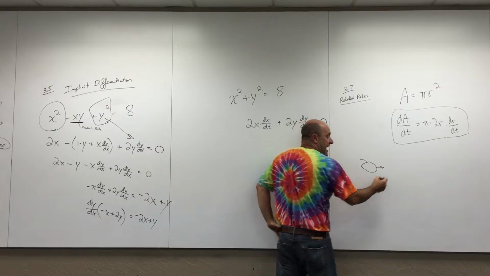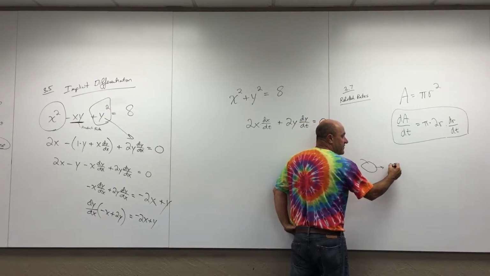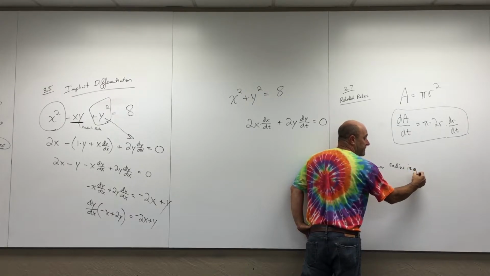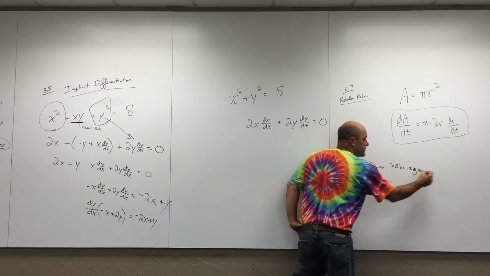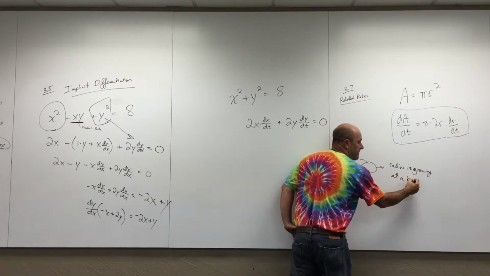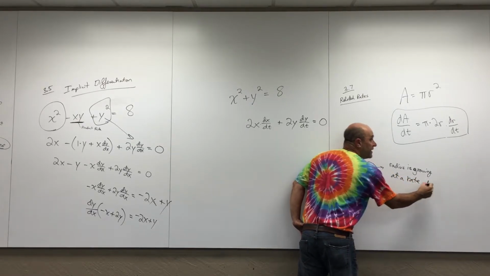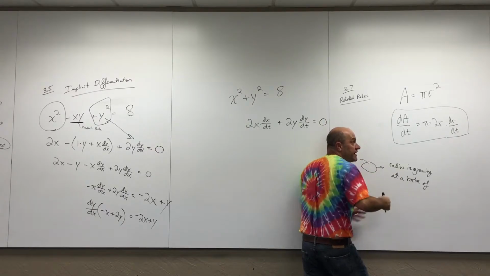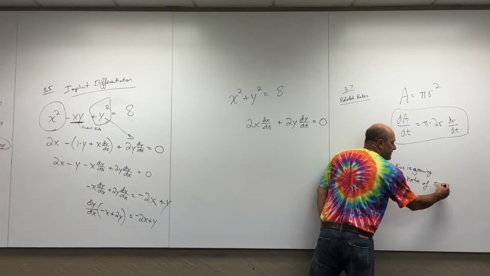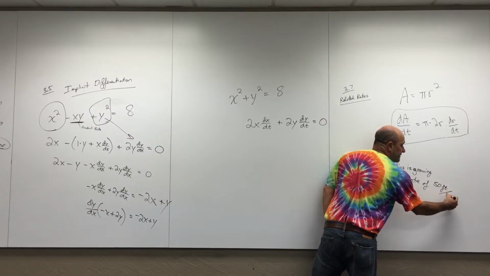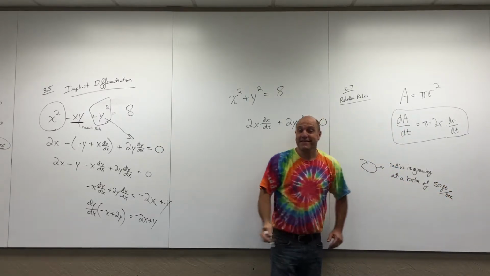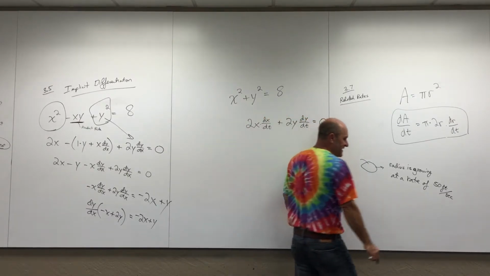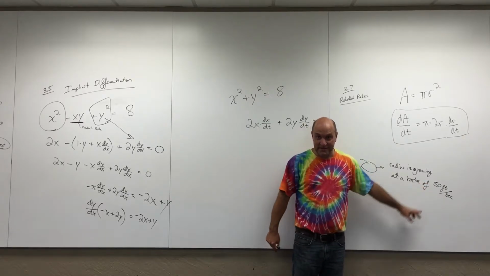And maybe we say that the radius is growing at a rate of 50 feet per second. Maybe it should be 50 feet per minute, but let's just go with this.